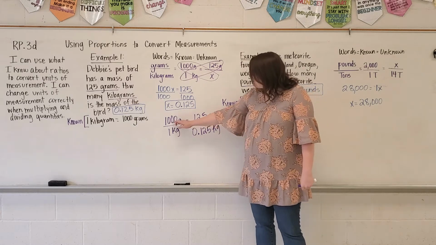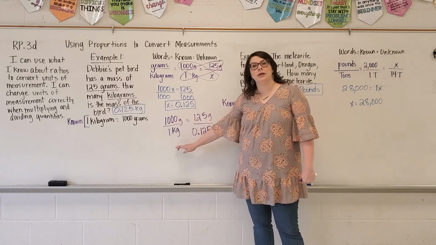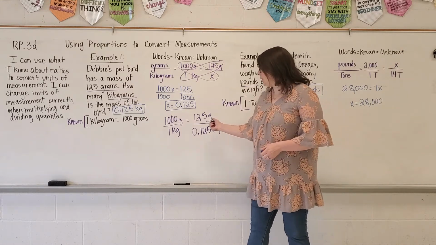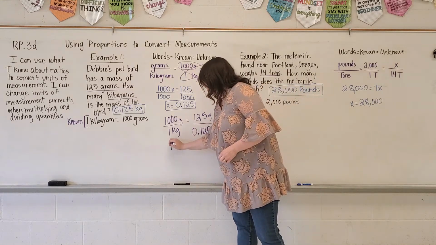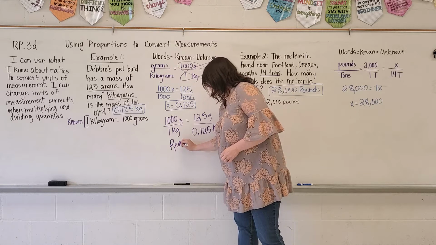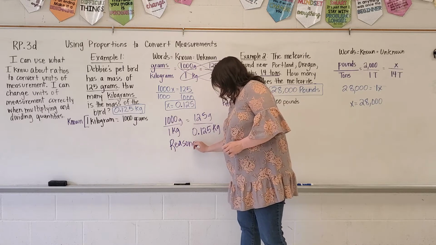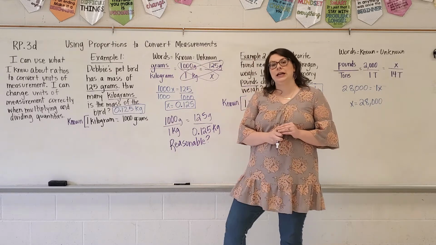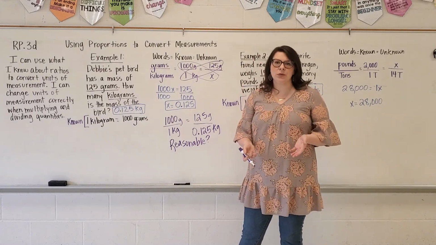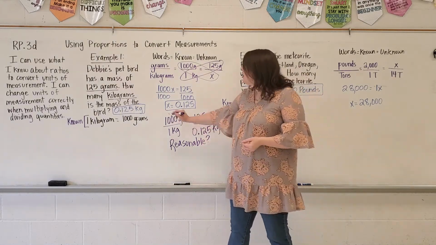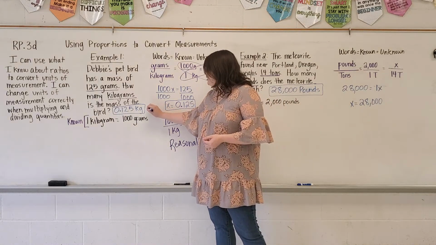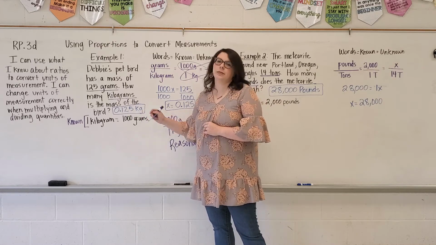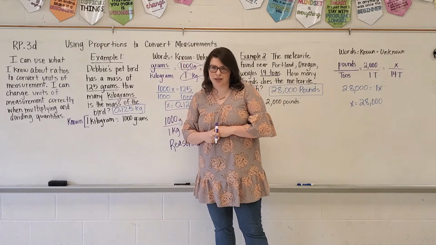So this is just a way to make sure and say, okay, is it reasonable? And that's always a good question to ask yourself when you are finding any calculations in math. Is it reasonable? Does this make sense? So your final answer is 125 thousandths of a kilogram. That's your answer to example 1.